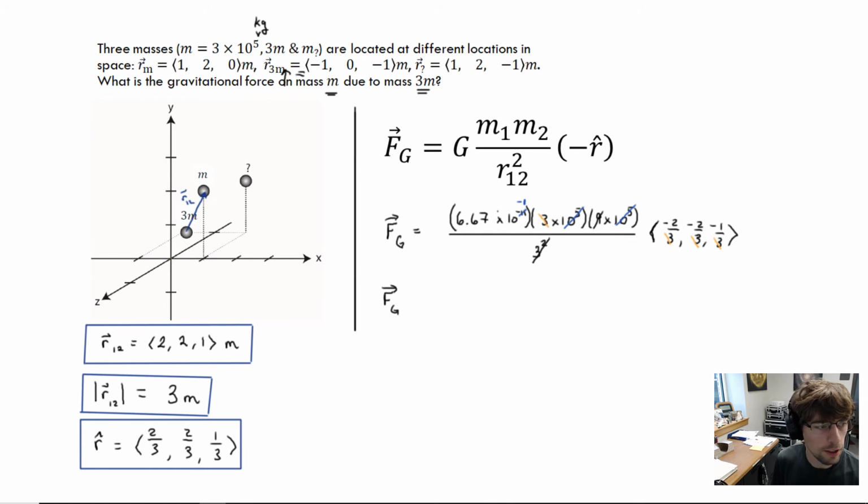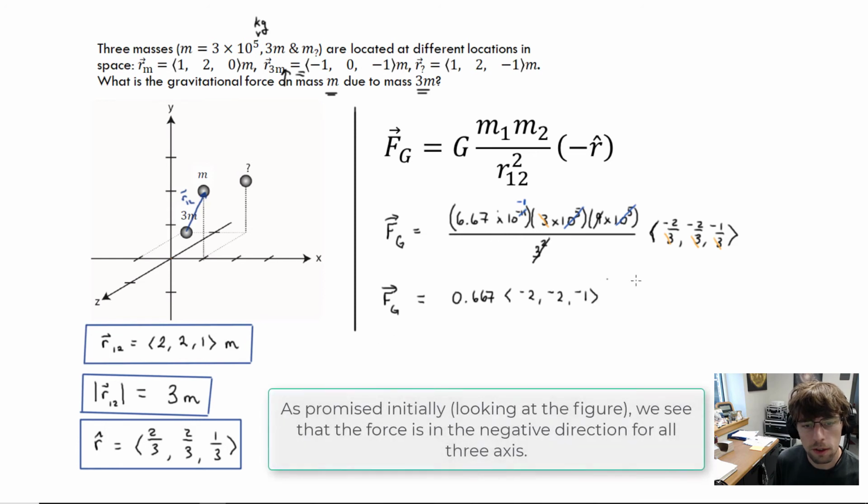So at the end of the day, if I keep writing this, I get 10 to the negative 1. So I get 0.667 times negative 2, negative 2, negative 1. And of course, at the end of the day, this whole thing's in newtons. So that's good enough. There's our final answer. Now, of course, if you want to multiply through more and express it just as a unit, or express it some other way, that's fine. But this is all we really need to do.